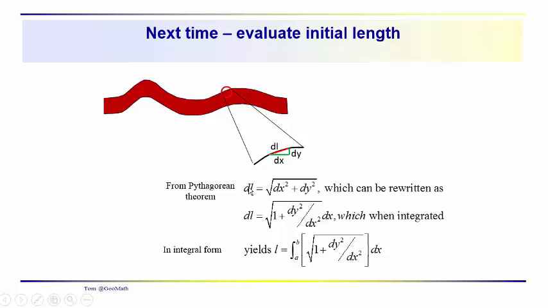So the dL, using the Pythagorean theorem, is just the square root of dx squared plus dy squared, which we can rewrite as 1 plus dy squared over dx squared, and we've pulled out a dx squared, where the square root of dx squared would be dx. So when we integrate, we have this in integral form, then we'll be evaluating this integral, and that's what we're going to do next time.